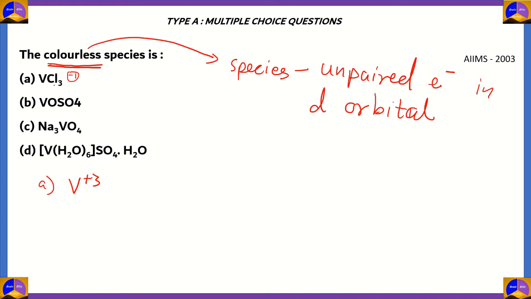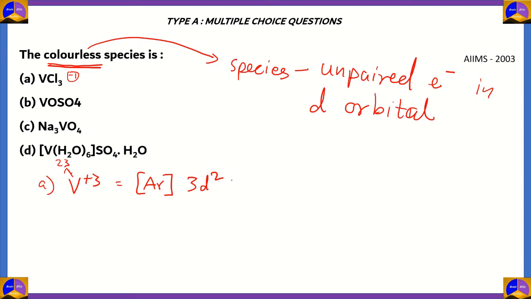So for option A, vanadium trichloride, let's look at the electronic configuration of V3+. So in V3+, there is the loss of 3 electrons. So on writing the configuration, you get 3d2. So now the important thing to note is that vanadium has an atomic number of 23. 23 minus 3 gives you 20.